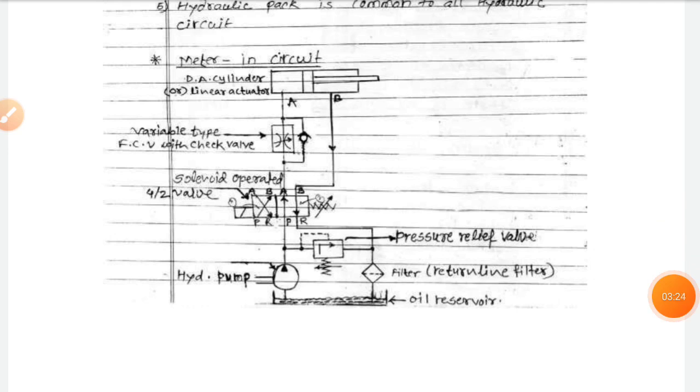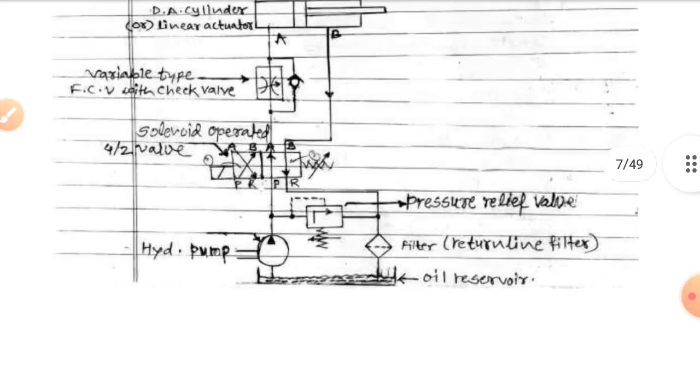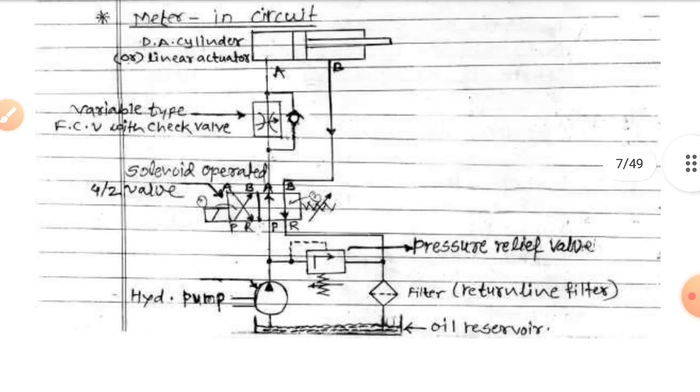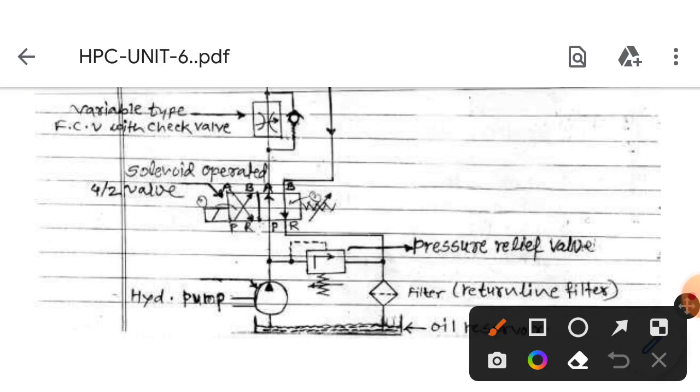So next point is hydraulic circuit. In hydraulic circuit we see a meter-in circuit. This is the basic construction of a meter-in circuit, a circuit diagram of a hydraulic system. All of you see in this circuit diagram we can use a flow control valve. This is a flow control valve.